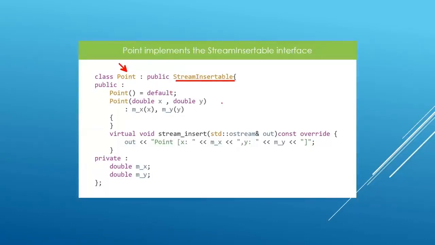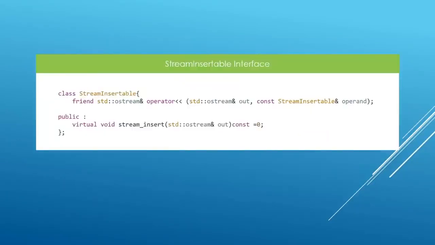How does our point class know how to print stuff? If we go up and look at our stream insertable interface, we're going to see that it is declaring a stream output operator. It is this thing that is used to print data to the output stream. You see, this is a regular output stream operator. We will be printing to std::ostream, and the object is named out here, and we will be printing whatever operand that is passed as a second parameter here.